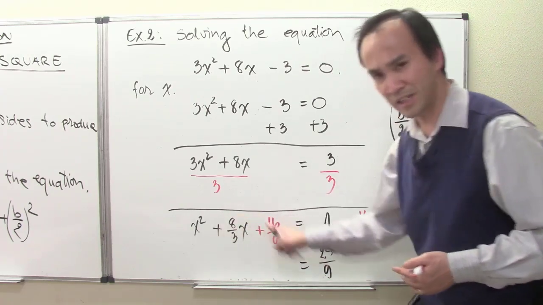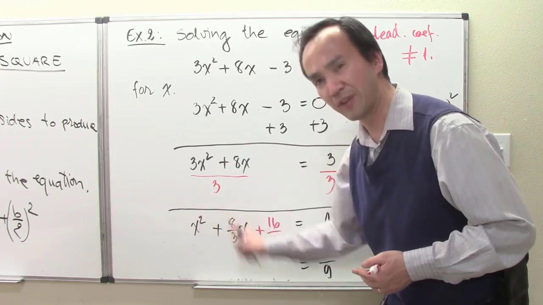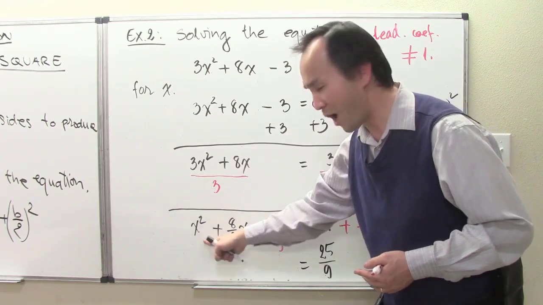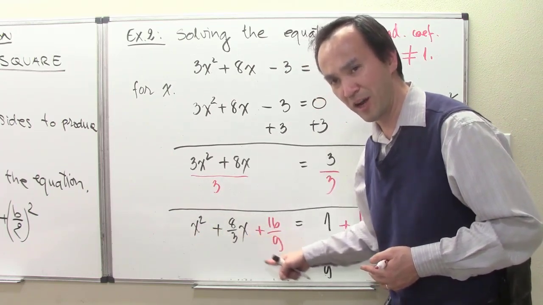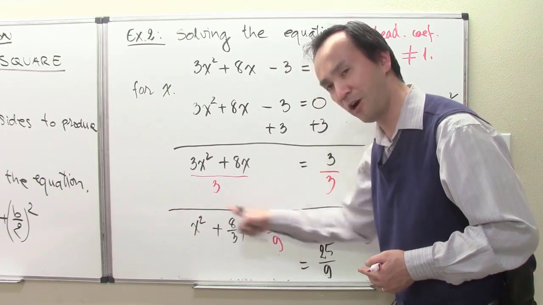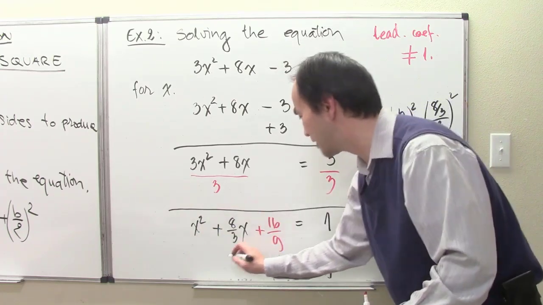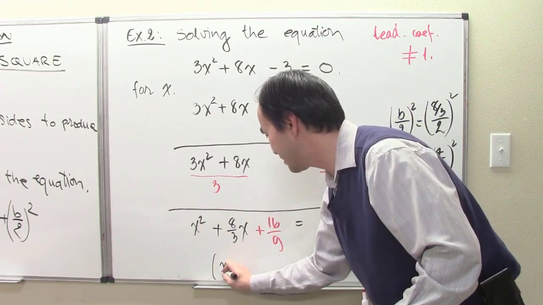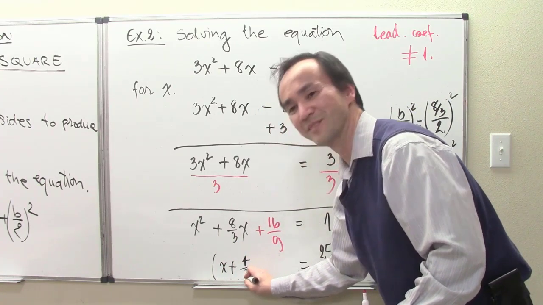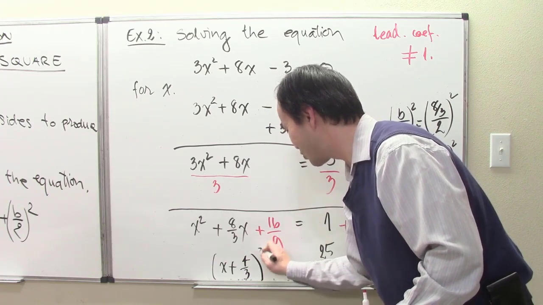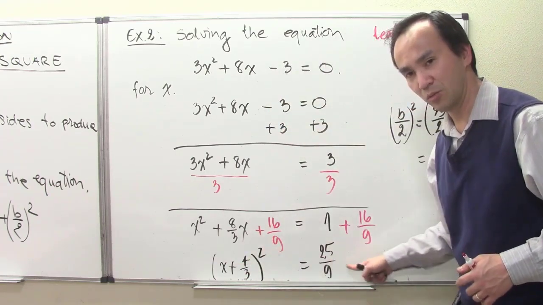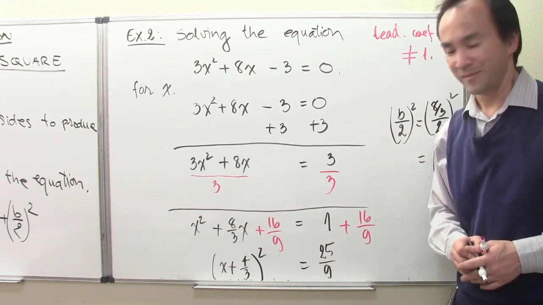The left hand side here, once again applying what we have learned from the earlier lessons on recognizing a quadratic expression or polynomial as a perfect square, I see this polynomial on the left hand side as the following perfect square: (x + 4/3)^2 equals 25 over 9. All right.